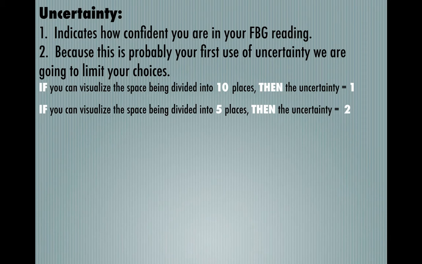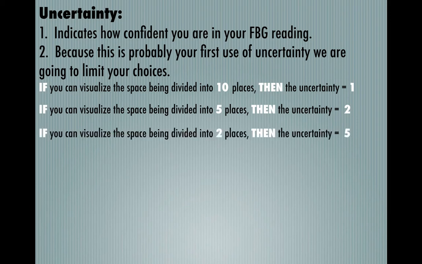All right, so just stick with me here. Okay. If you can only visualize the space being divided into 2 spaces, then you're even more uncertain, so your uncertainty is going to be a 5.